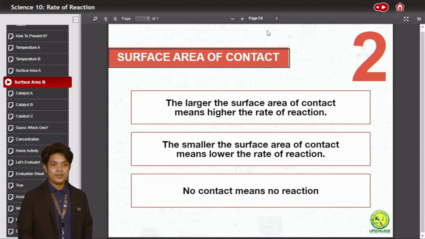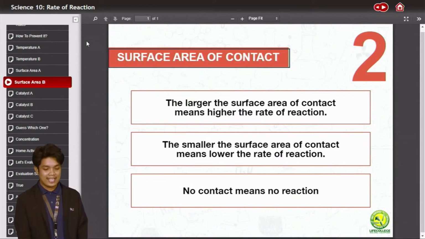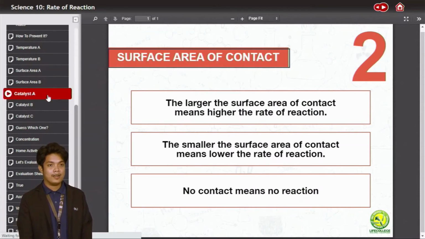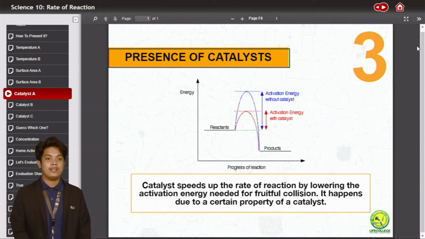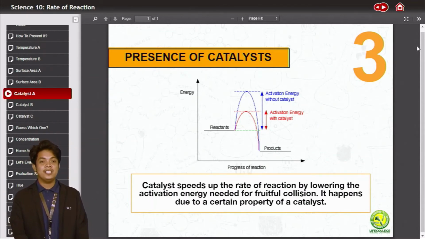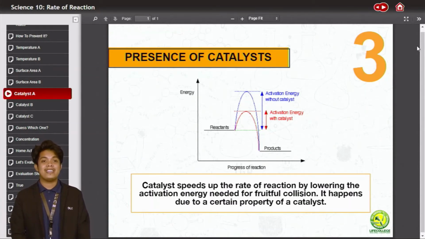Now let's move to the third part. Let's talk about how a catalyst affects the rate of reaction. A catalyst speeds up the rate of reaction by lowering the activation energy needed for fruitful collision. As you can see in our diagram, the activation energy without a catalyst is very high, so it needs more energy to react.